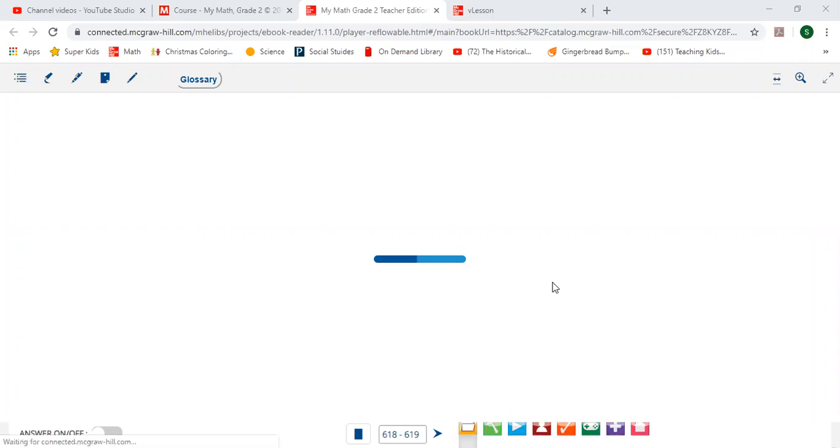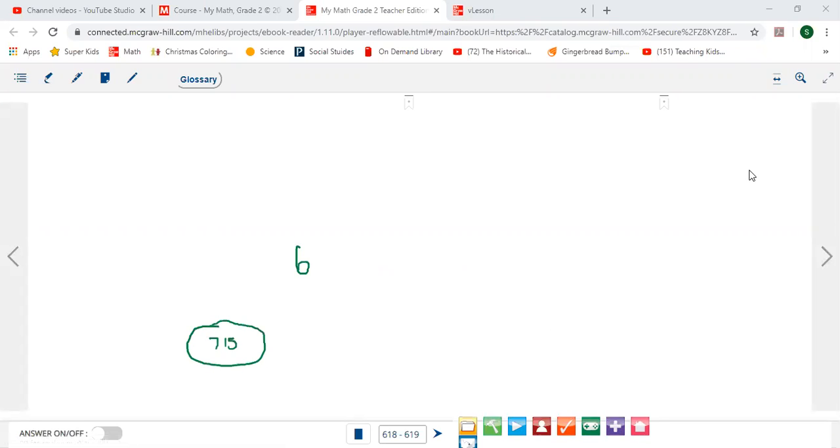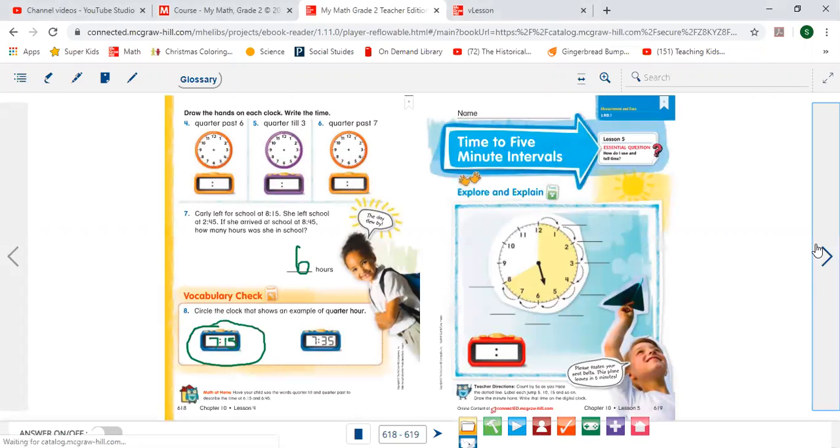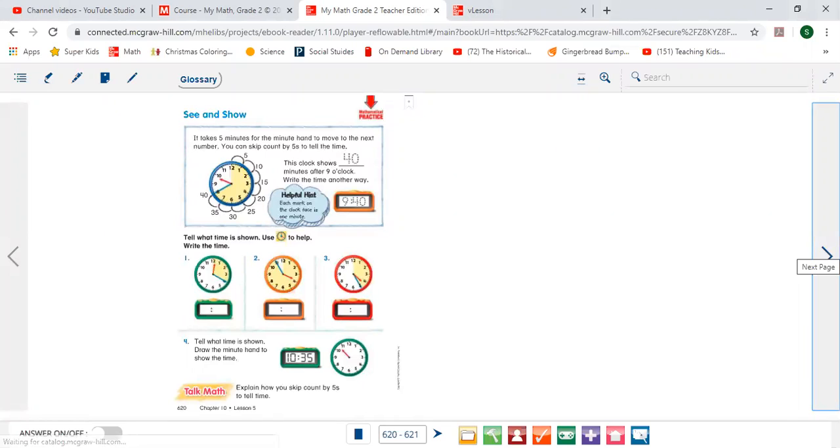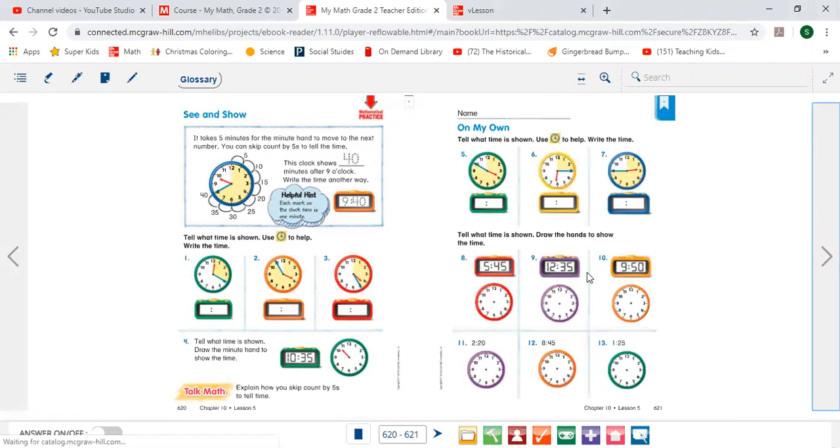Looks like we are. So in our blue folder today, we are on lesson 5. I know some of you have worked ahead and that's just fine, but let's take a look at what lesson 5 has for us.